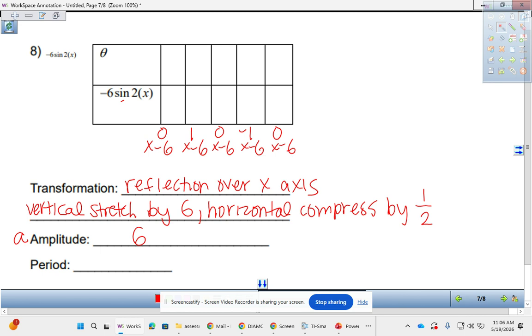The reflection impacts the y values because a reflection takes me from here to here, which is a vertical shift. That's where the negative's coming from. And the 6 stretches it vertically, which is y values as well. So I'm multiplying them all by negative 6.